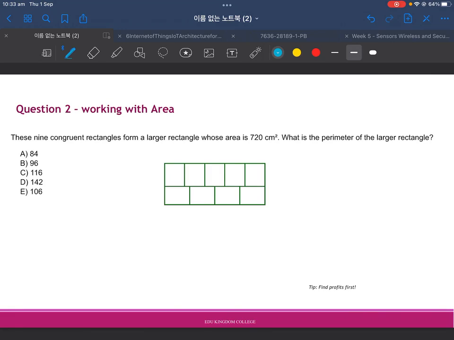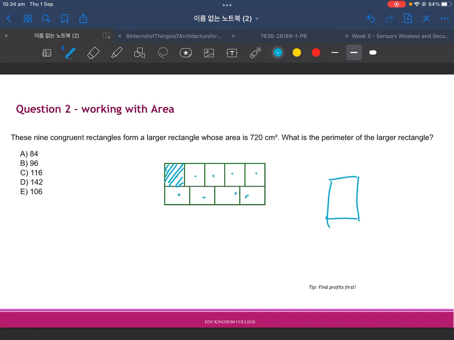Okay. So to approach this question, we'll have to find out the area of each rectangle. So I'm just going to draw this separately here. Imagine this is our rectangle enlarged. So if all these rectangles together, we have a total of 1, 2, 3, 4, 5, 6, 7, 8, and 9.